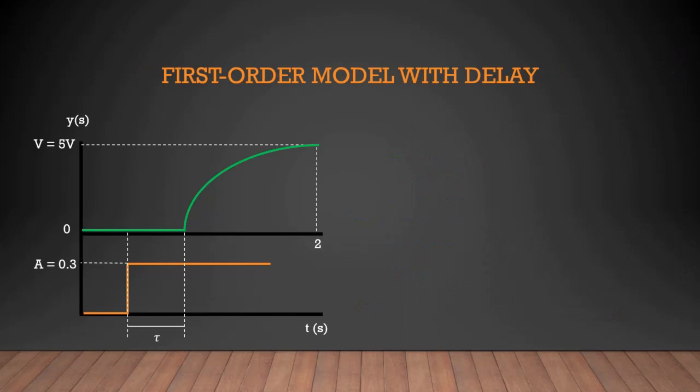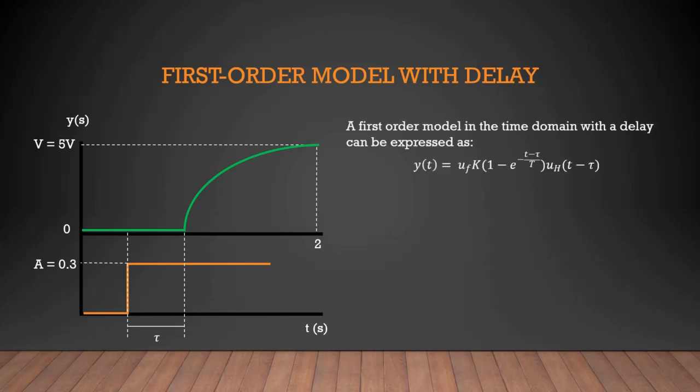Then we have the same example, but this time we are not going to ignore the delay. So when you calculate the step response of the system, you obtain this expression of the response. And we are going to use this expression to find the parameters of the system response.